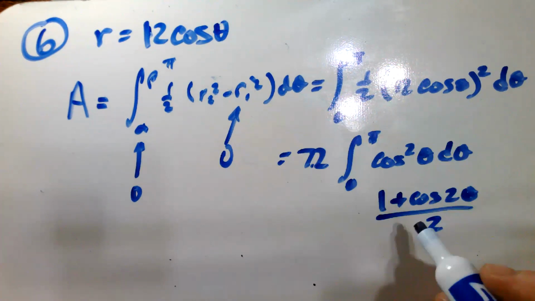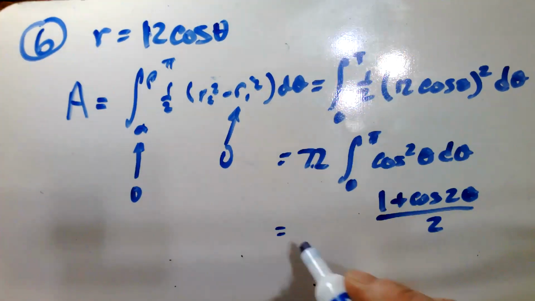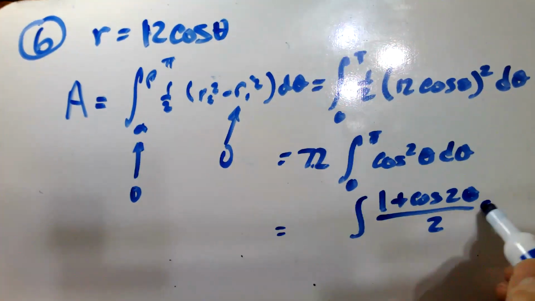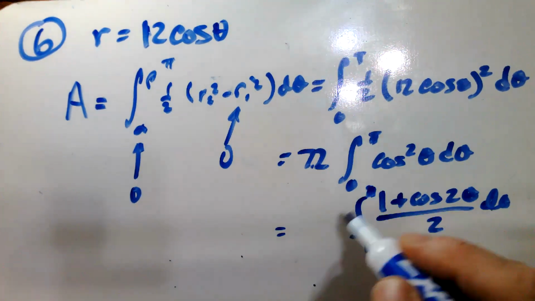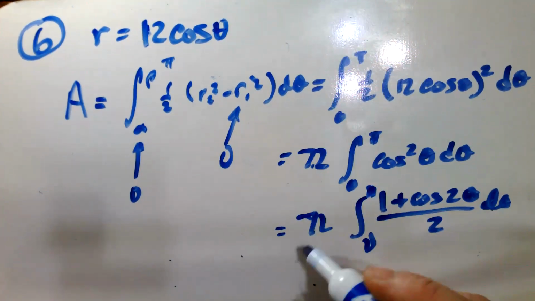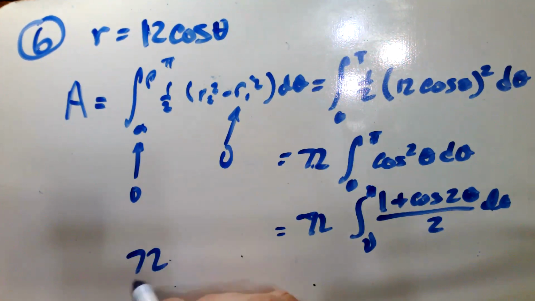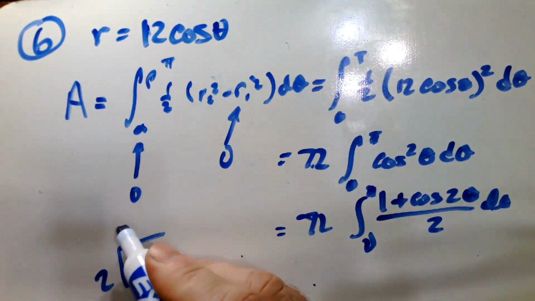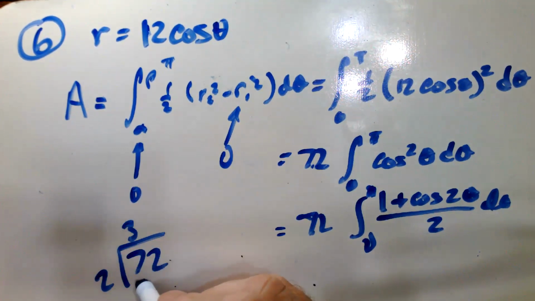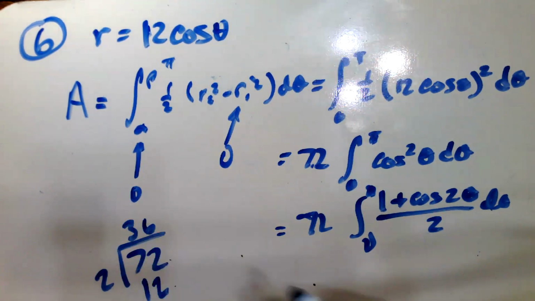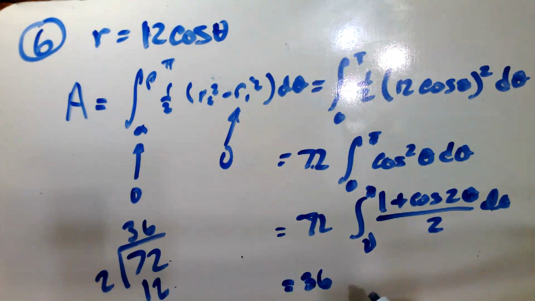So that's going to reduce this in half again. And so you'd have the integral of d theta from 0 to pi of 72 divided by 2. So this will be 36.